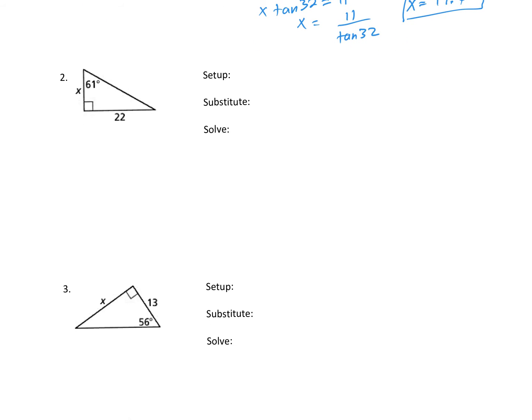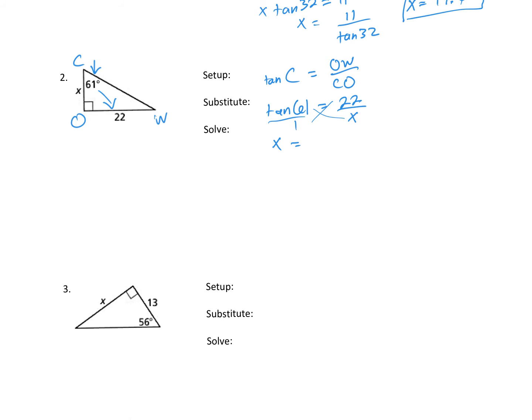Let's try another one. We set up, this is the known angle, so let's call this COW. So we know that tangent of C must equal our opposite here, so OW, over our adjacent, which is CO. Substitute that, so tangent of 61 must equal 22 over x. We have this 1, cross multiply.